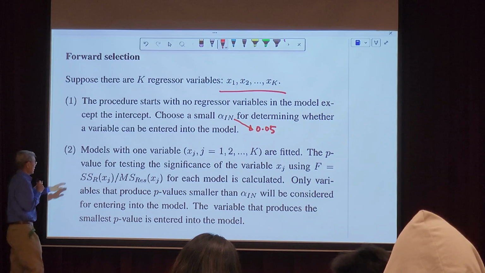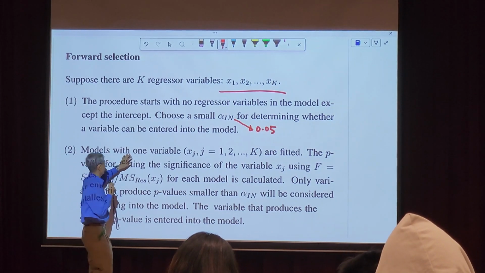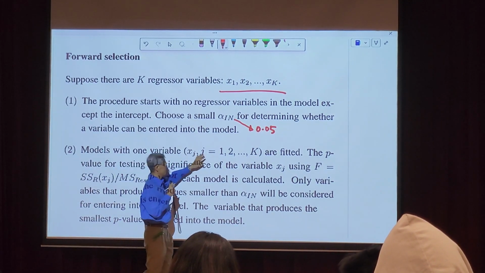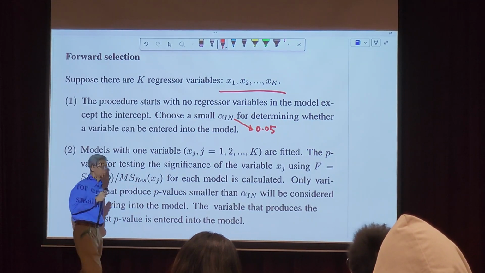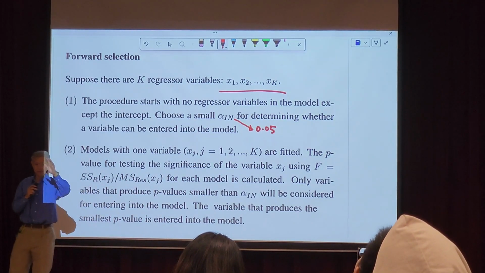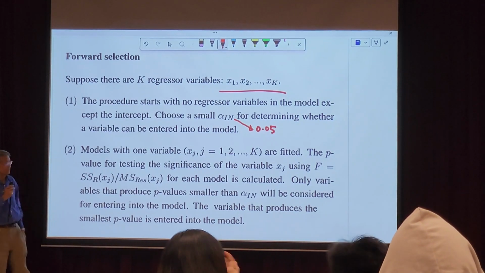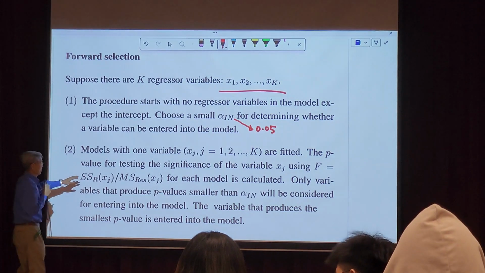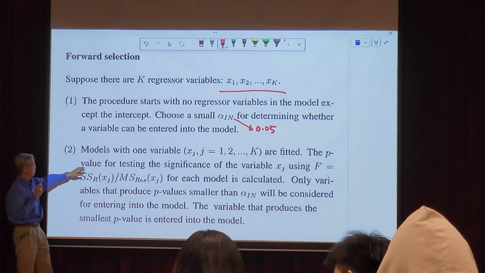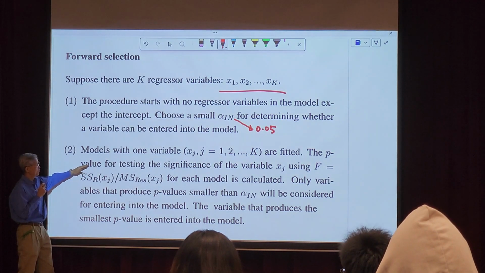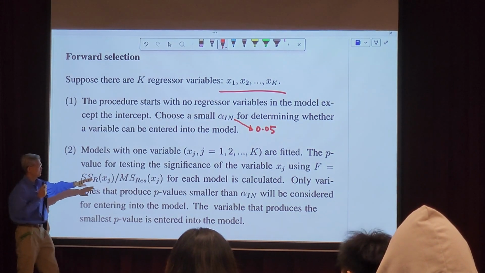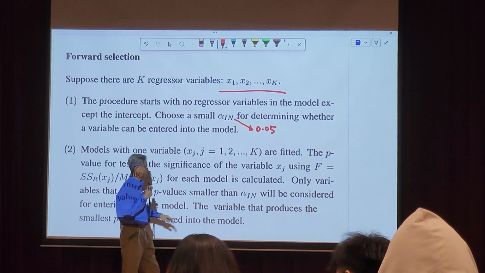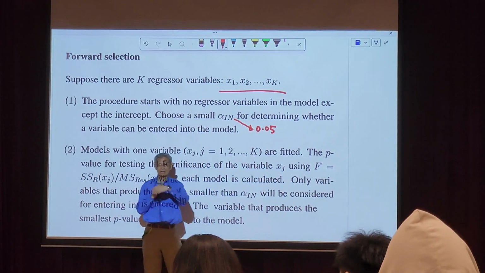Then I fit models with 1 regressor variable, so I will have k regression models. Now, for each of these models, I'm going to calculate the p-value for testing the significance of xj using the f-test.